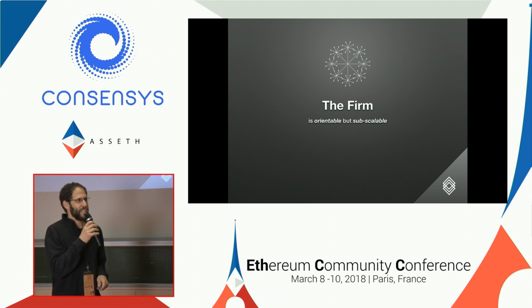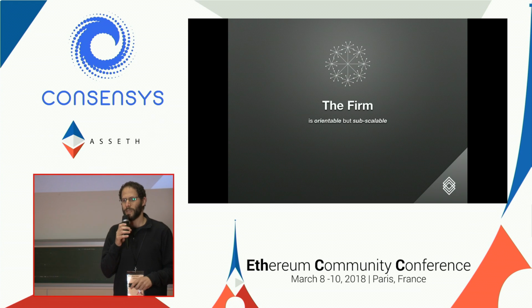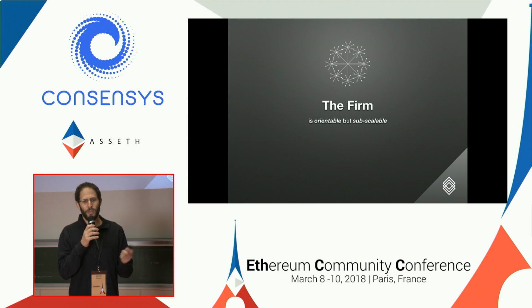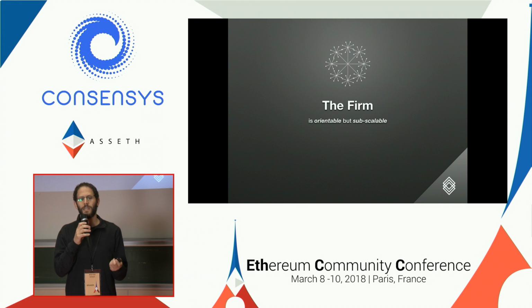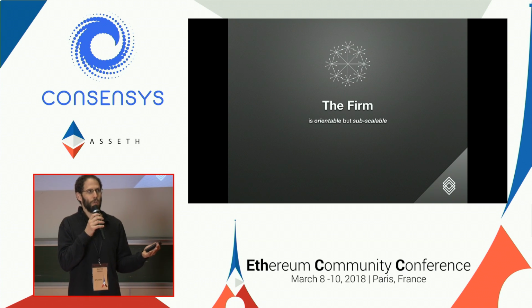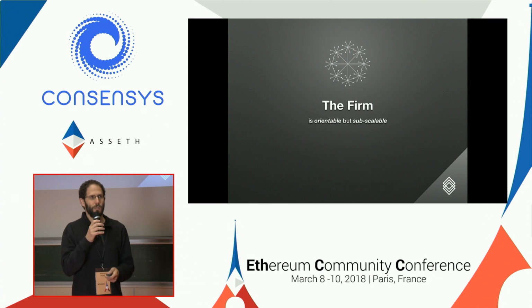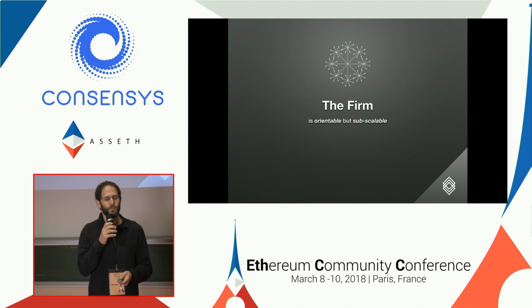Okay, so let me give you some background about the problem, like why we're doing that. So the firm or the company or the organization is orientable but subscalable. And let me define that. So basically the firm is an economic tool. It's a setup to align the interests of many agents, many actors, around a shared goal or shared mission.